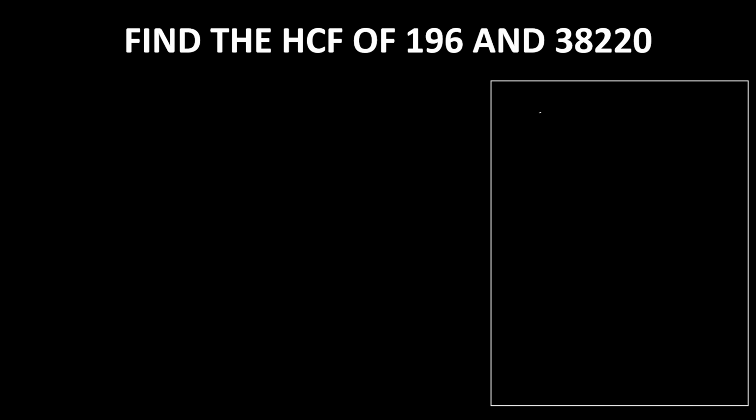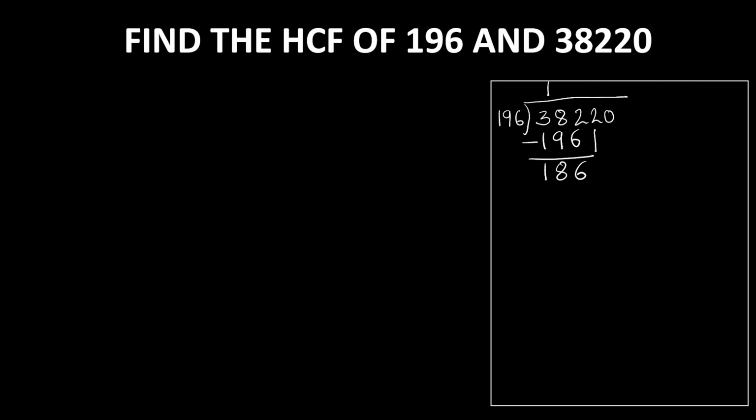Considering 38,220 as our dividend and 196 as our divisor. The reason is 38,220 is greater than 196. Now multiply 196 with 1. We'll get 196 over here. On subtracting 196 from 382, we'll get a remainder of 186.